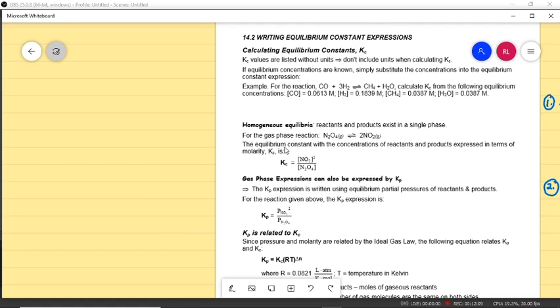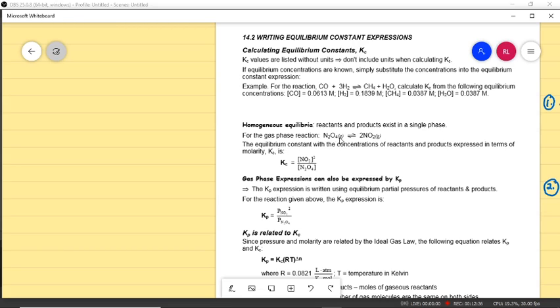All you have to do is to refer to the given chemical equation. If all the substances in your chemical equation exist in the same phase, then you can say that the equilibrium is homogeneous, meaning it exists in a single phase.